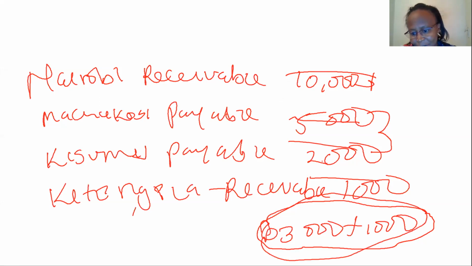Which other method can we use for hedging? Anyone has another idea? Is there another method we can use? Internally, not externally. External methods we'll be discussing, but I'm saying within the finance department, what else can you do to manage the exposure?